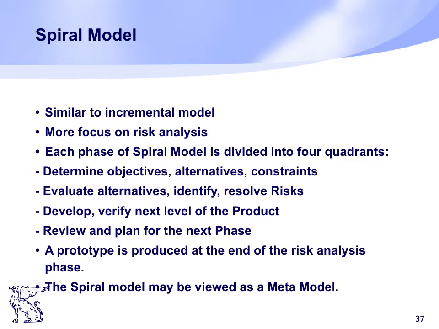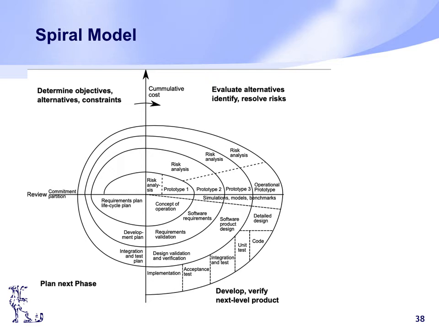So here I want to mention one thing, that the spiral model is viewed as a meta model. So what is a meta model? Why is spiral model called a meta model? Because it can accommodate any process development model. So let me give you an idea.